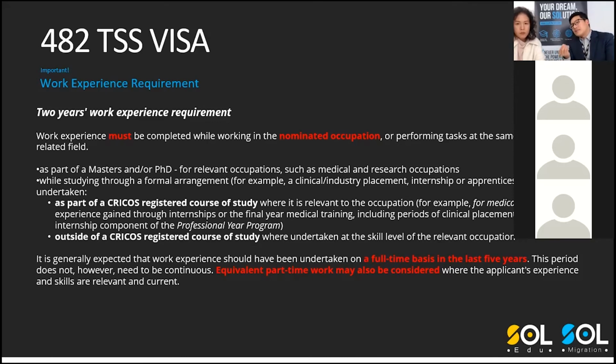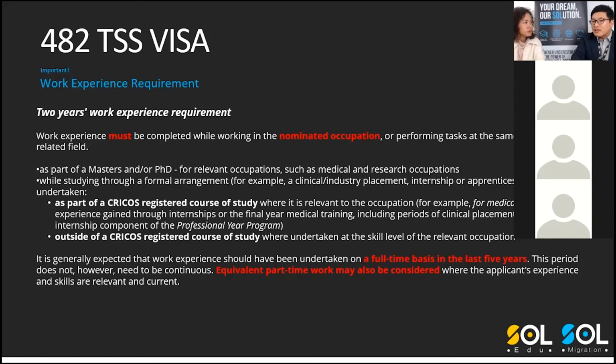A lot of people ask, while I'm studying, can I count my work experience? Yes, you can count it for the TSS visa work experience. But again, each visa has a different work experience requirement. For the skilled visas we discussed, 189, 190, 491, when you're counting your migration points, there is a work experience point.